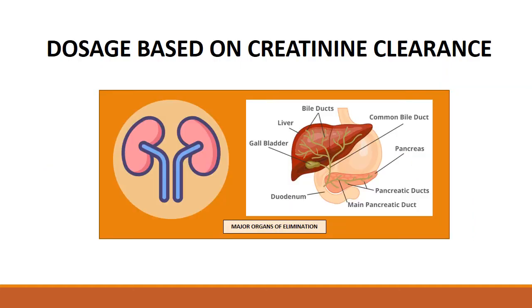So we have the dosage based on the creatinine clearance. Okay, so when we are going to talk about creatinine clearance, this is a measure of how well your kidney works. Okay, so I have here the kidney and the liver. These are major organs of elimination.